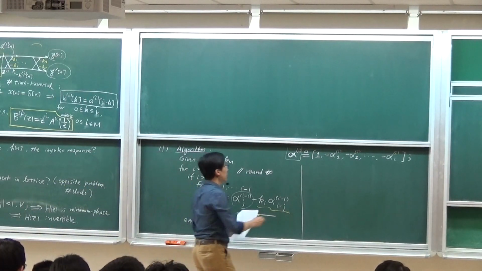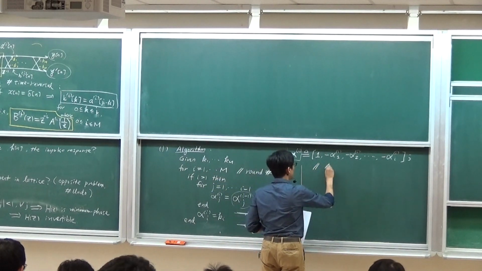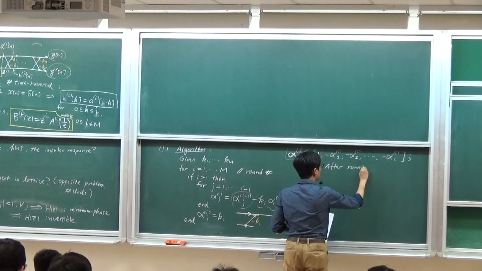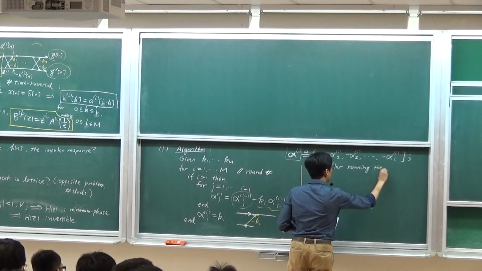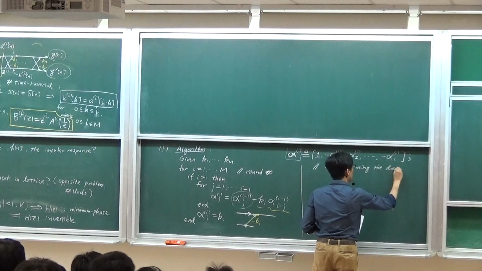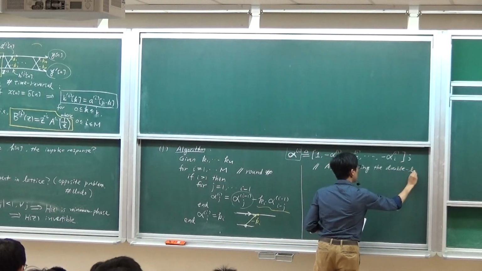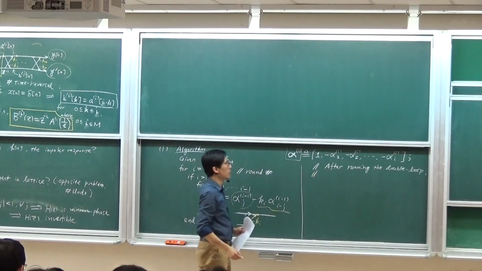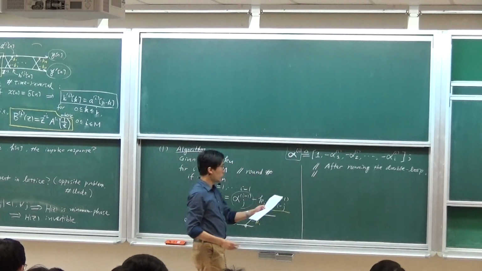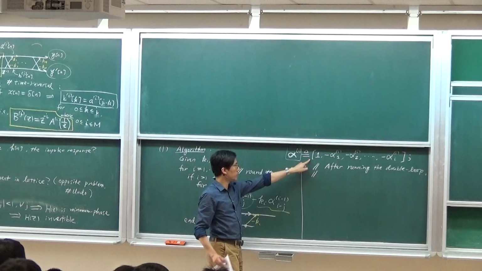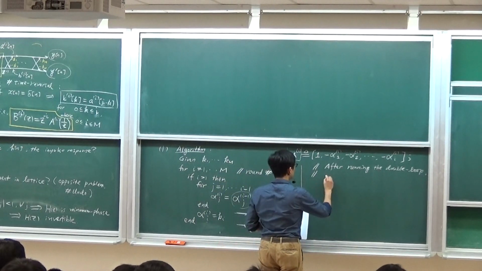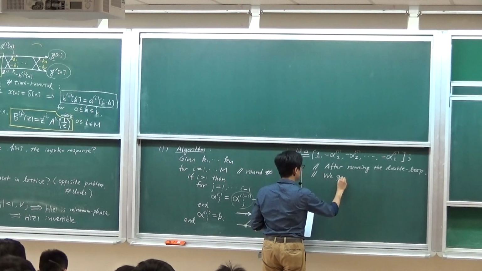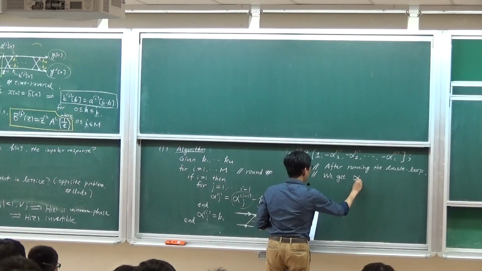After running the double loop, we get alpha m.